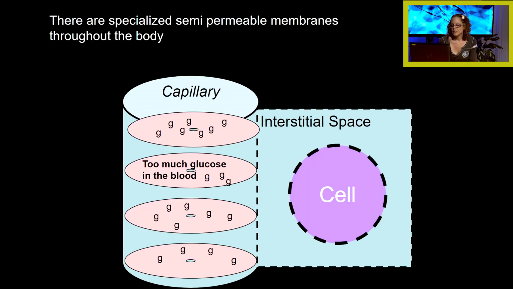Again, we've got these specialized semi-permeable membranes everywhere throughout the body, and here we can see an example in the capillary where we have too much glucose in the blood. We can see these little blood cells in our capillary, and we can see that there's too much glucose in the bloodstream. That's why we have a blood sugar of 850, okay?